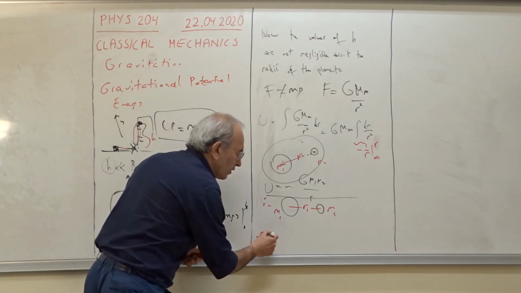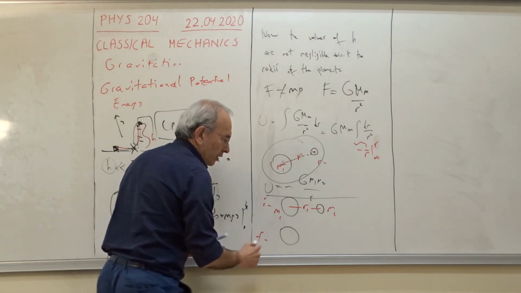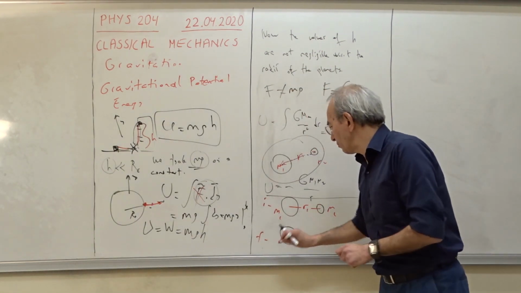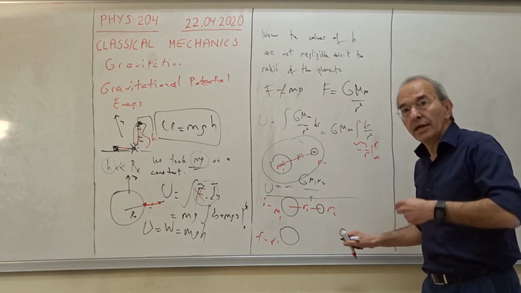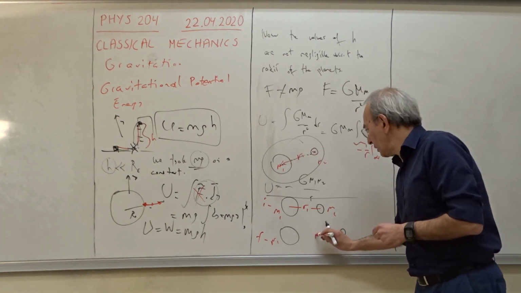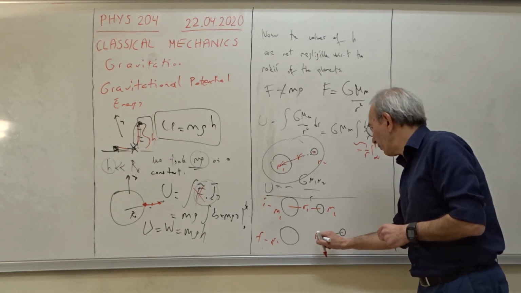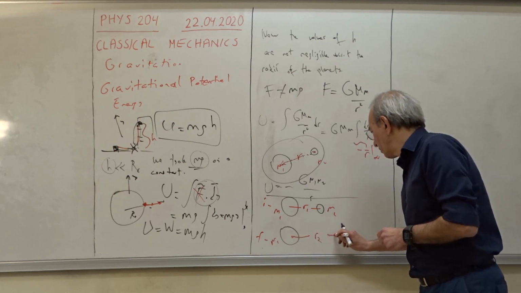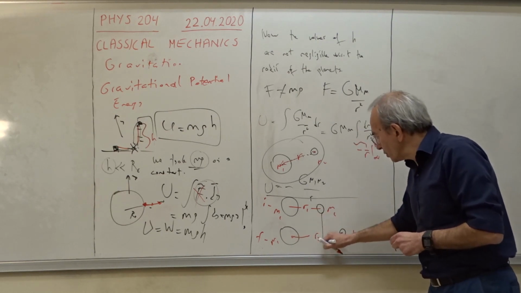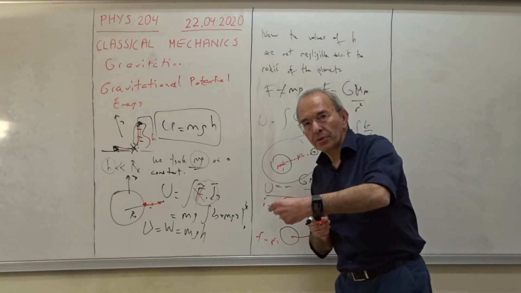Then in the final case, we have the M1 here, same object, same position, but now we move the second one to a greater distance, let's say to a distance R2 now. Okay? So this is the new separation.